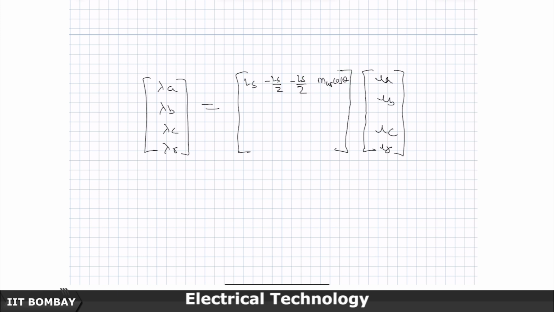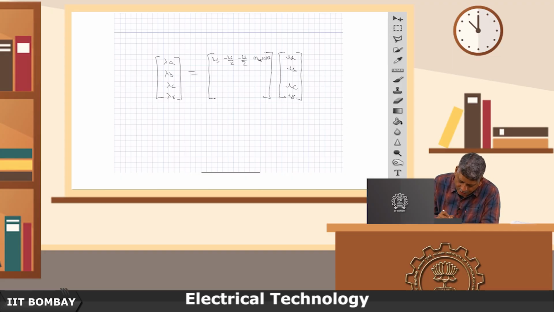It will reduce from MAR to MAR cos theta, where theta is the angle between the rotor axis and the A phase stator axis. So, the flux linkage will be given by MAR cos theta into IR. This is the third component.